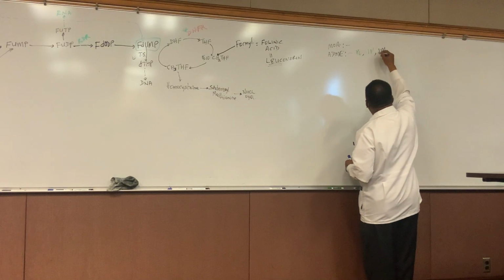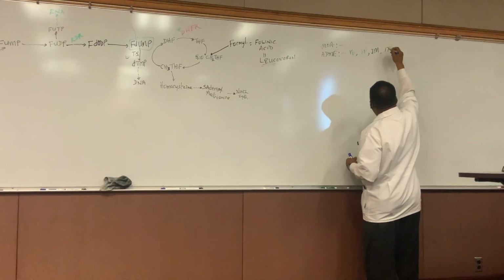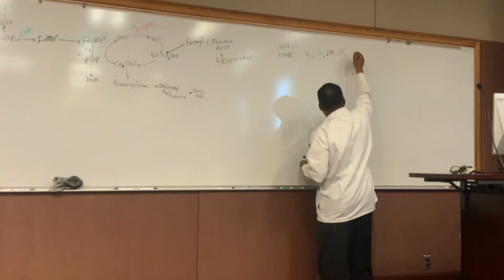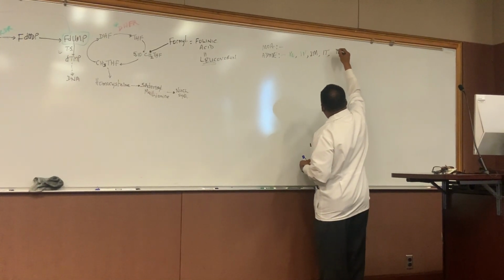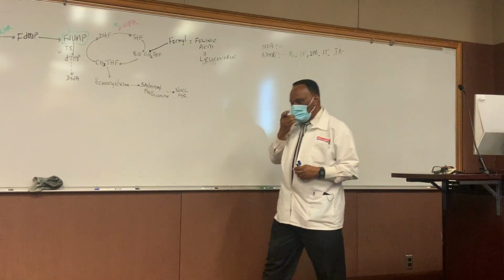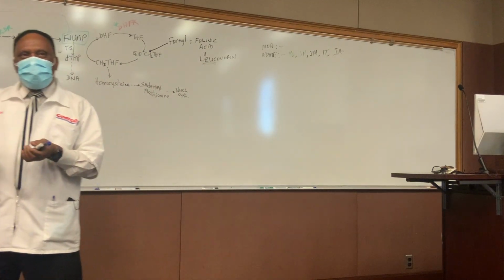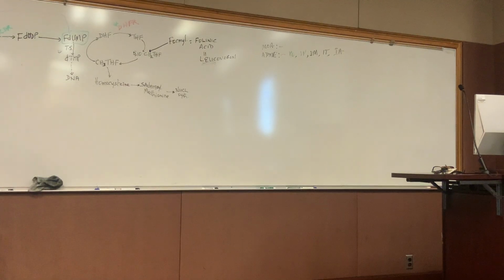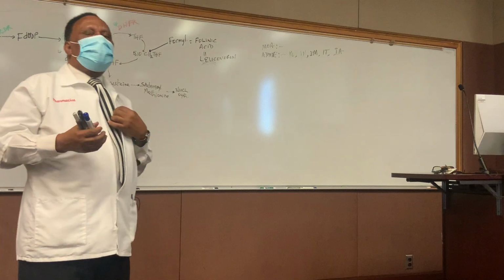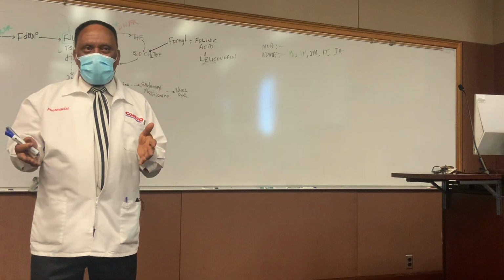It can be given IM, it can be given IT intrathecally, and it can be given IA, intra-arterially, that is into the arteries, not veins. So those are the routes of administration. Of course, when it is used for cancer, it is basically administered intravenously.